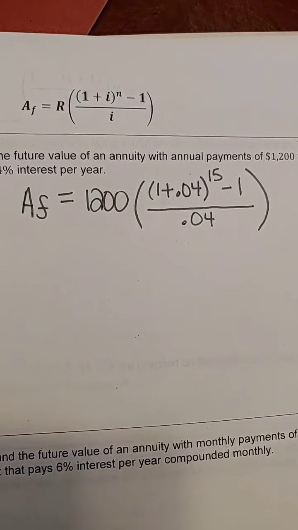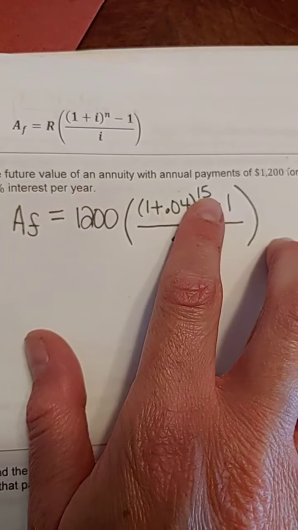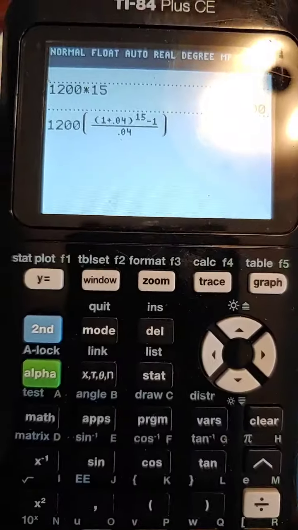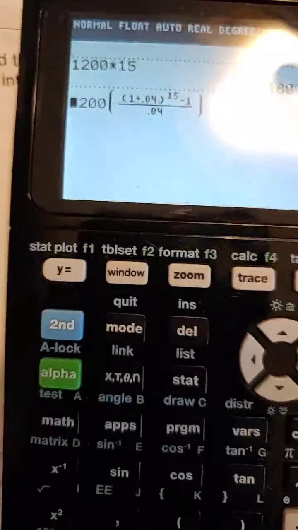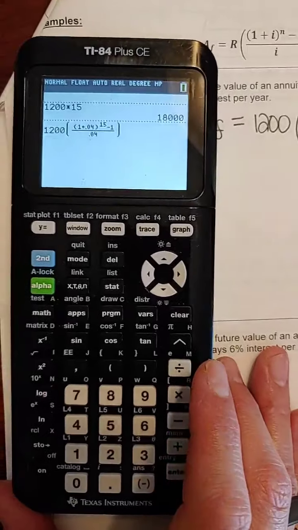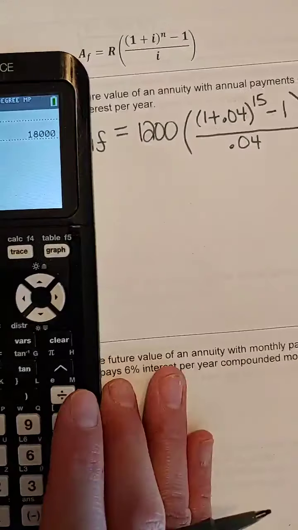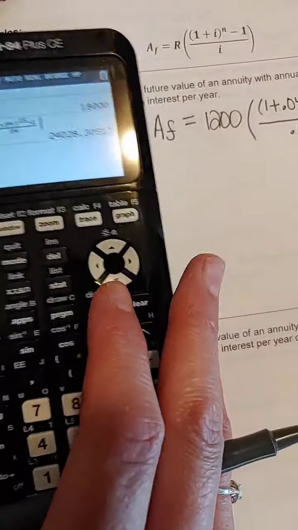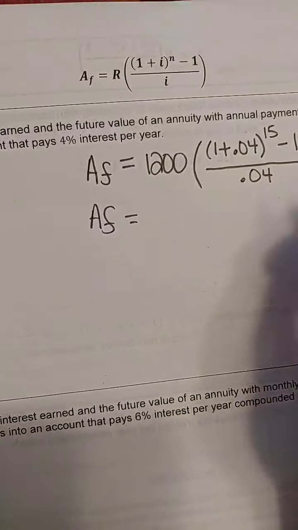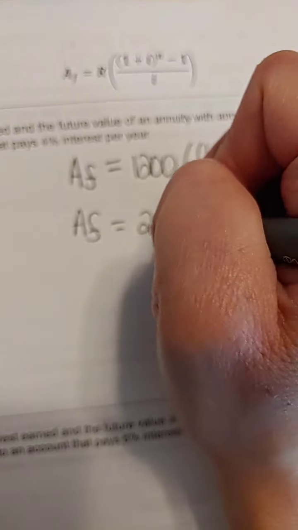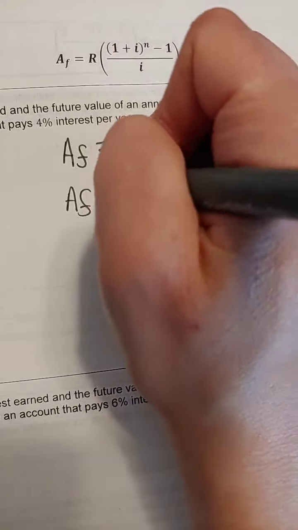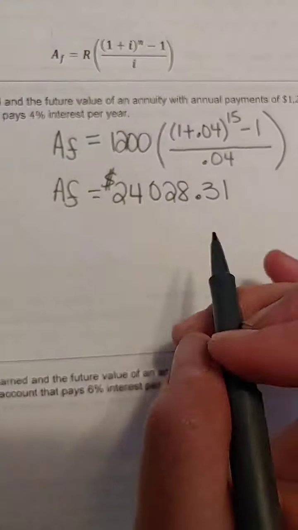All right, so luckily there's no variables in the exponents, so this is nice and easy to just plug directly into my calculator. All right, so notice I type it in exactly how I see it here. 1,200, the exact structure, and now after the 15 payments, which in this question happens to also be 15 years, I've earned $24,028.31. I'm rounding appropriately with it being money.